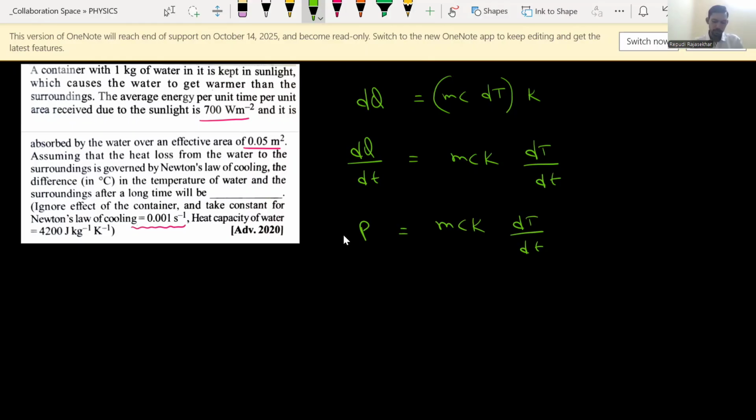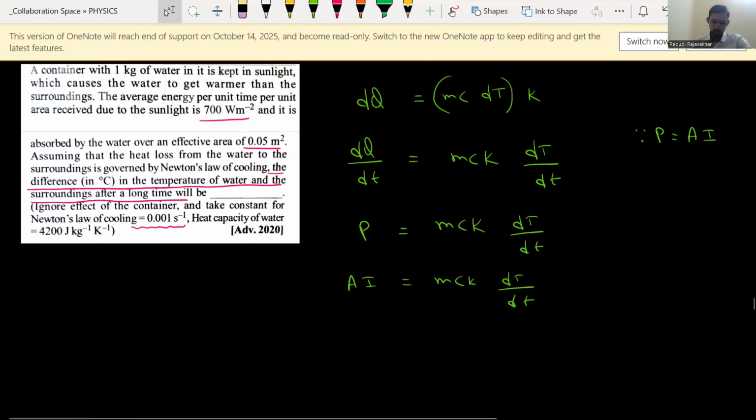Since power equals area into intensity, AI, I will substitute here AI equals mck dT by dt. So we need to find out the difference between the temperature of water and the surroundings after a long time. So that means we need to get the dT by dt value here.